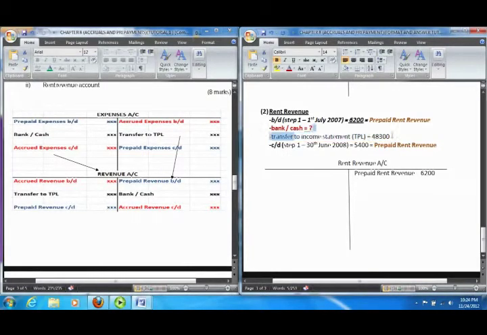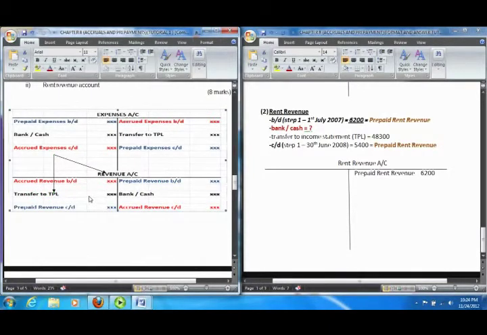Alright, next. Transfer to income statement or TPL, class. So where do we want to put the 48,300? Based on the revenue or expenses account? Yes, based on your revenue account. Based on your revenue account, class, is it debit side or credit side? It is debit side. You see TPL here now.